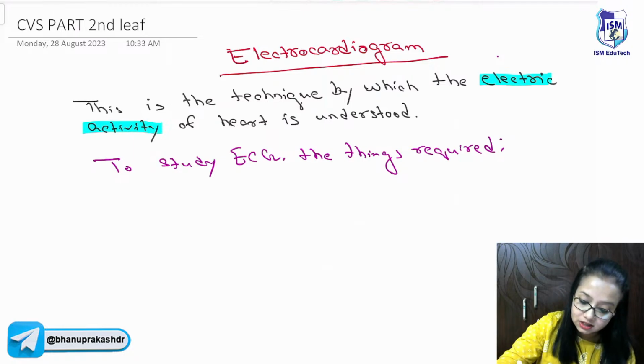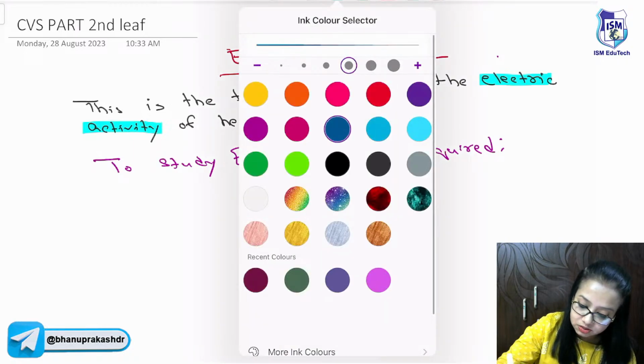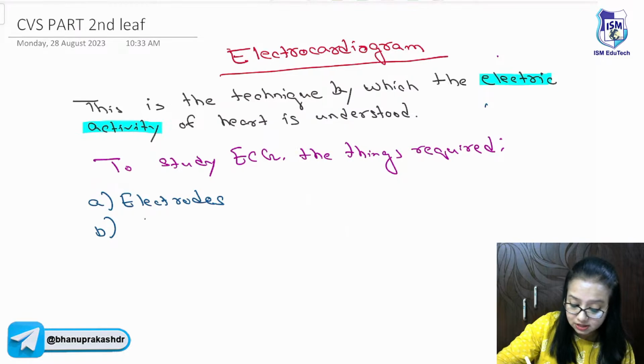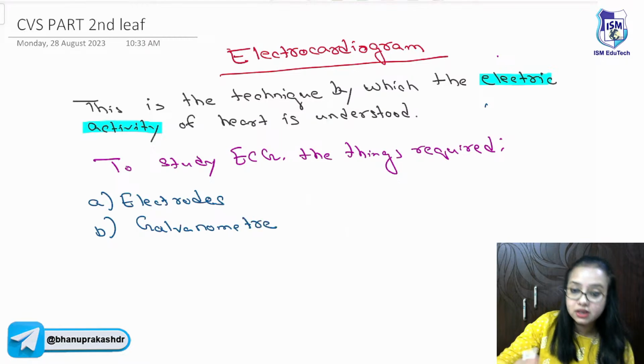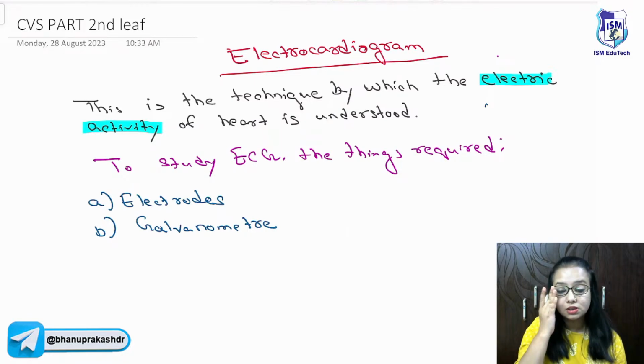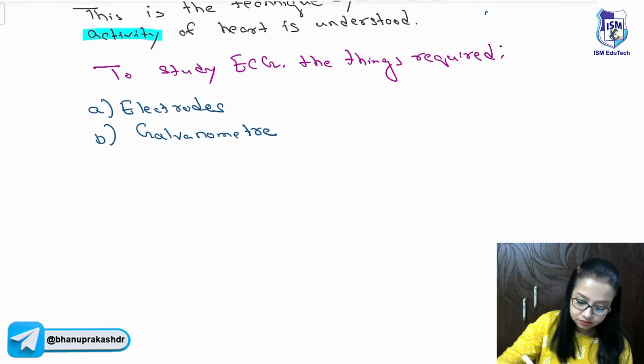So obviously, the first things that we will need are the electrodes, positive electrode and negative electrode, which will be connected to the galvanometer, the meter by whose deflection the electrical activity will be reflected.